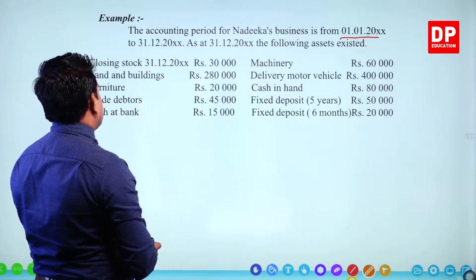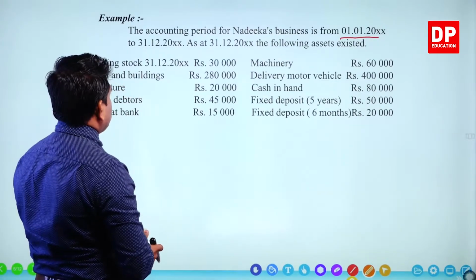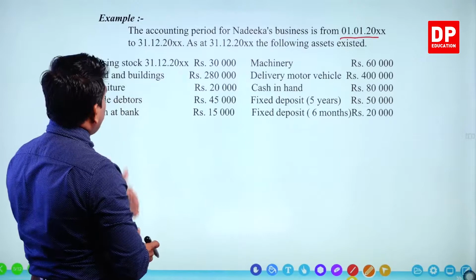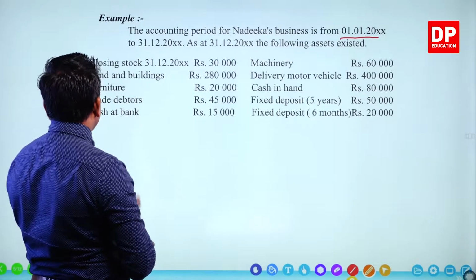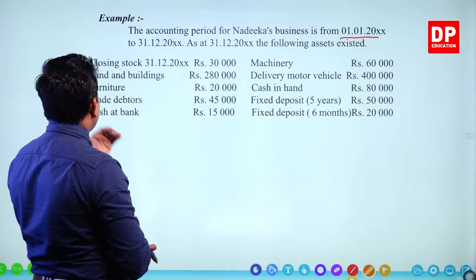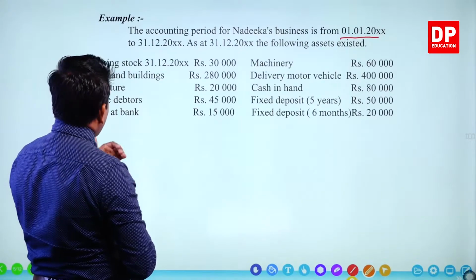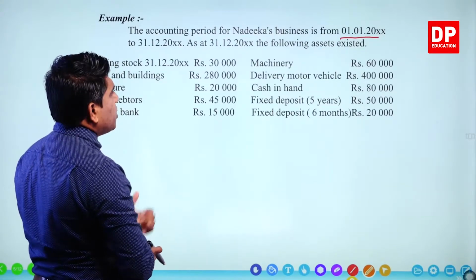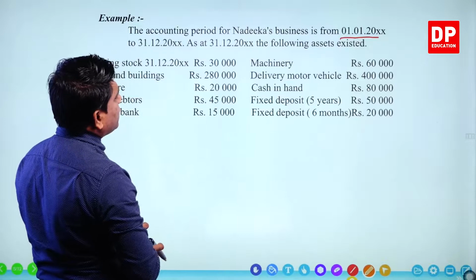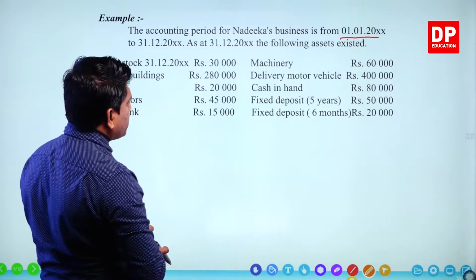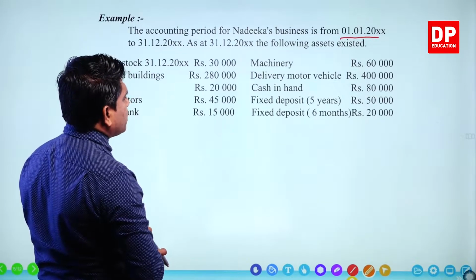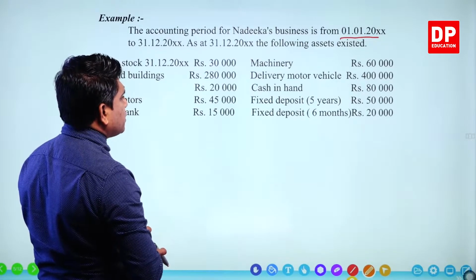Closing stock, the remaining stock, 30,000. Land and building 280,000. Furniture 20,000. Trade debtors 45,000. Cash at bank 15,000. Machinery 60,000. Delivery motor vehicle 400,000. Cash in hand 80,000. Fixed deposits 50,000.